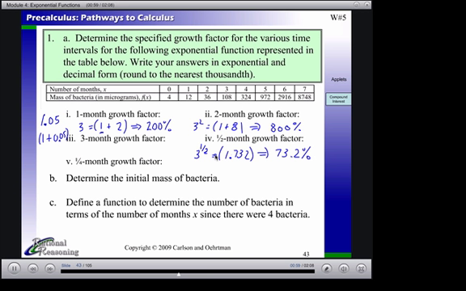Okay, last names A through E. Let's line up on this side. A through E. Okay. Thank you.